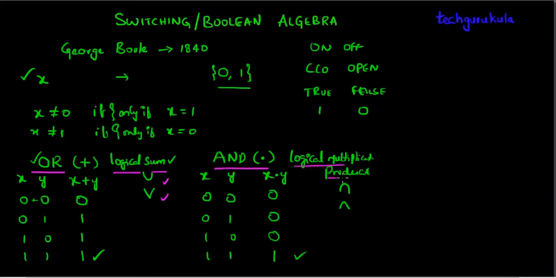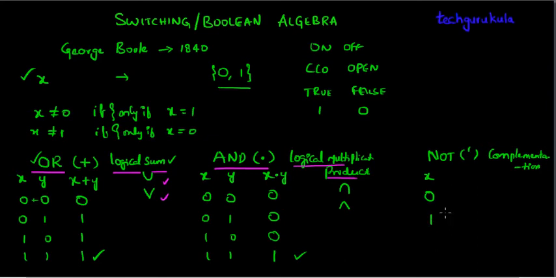Now we're going to see a unary operation, which is known as the NOT operation. It is represented with a tick symbol, and it is also known as complementation. This is a unary operator, which means we use this operation on only one single variable. Let me take a variable x, which has the value 0 in one case and 1 in another.